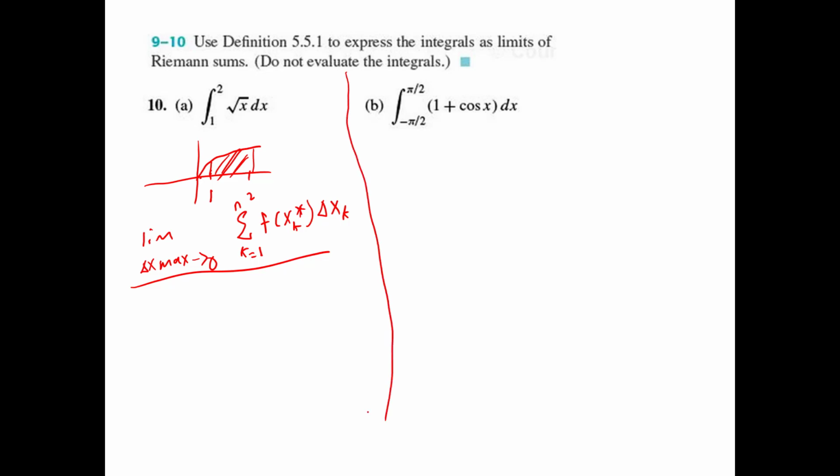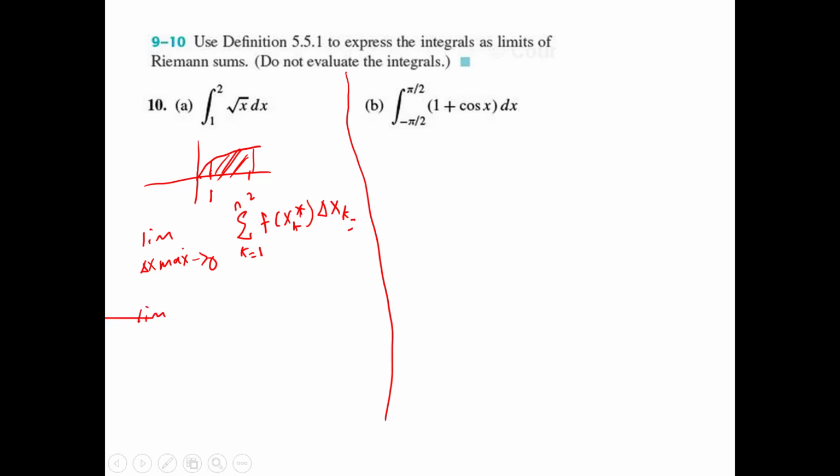Express the integrals as limits of Riemann sums. So you should try this next one on your own and not just watch me do this, because that's going to get pretty boring pretty fast. Okay, I'm sorry, I didn't quite finish this. The function that we're working with is the square root of x.